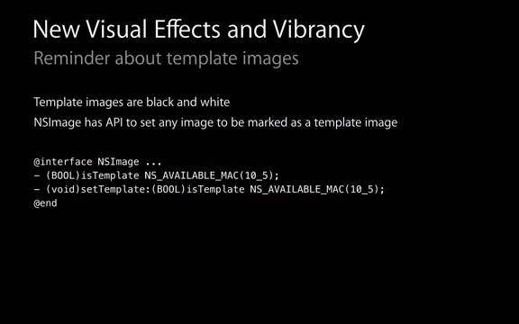Now, let me remind you about some template images. You may or may not be aware that NSImage has had a template property since 10.5, and it's really simple. You can create your image as a black and white image and do set template yes, or have a specific naming convention to make it a template. And that gives you a template image where we can apply effects on top of it inside of AppKit.